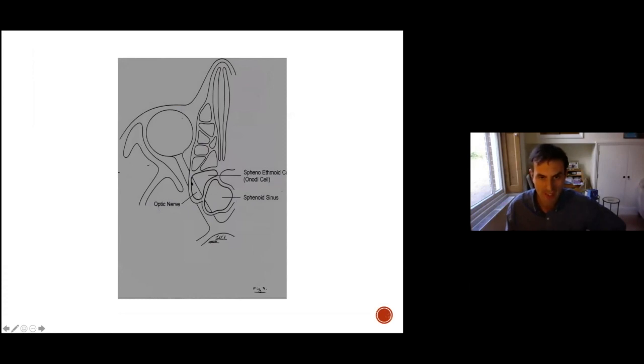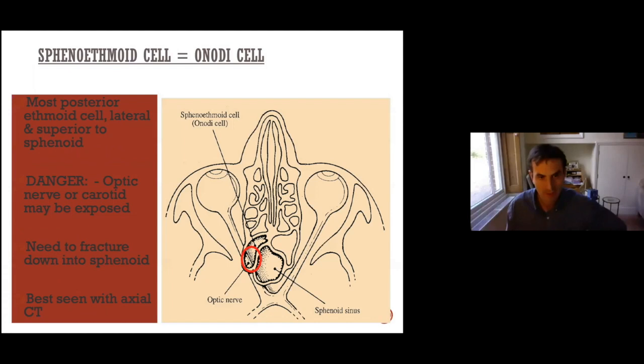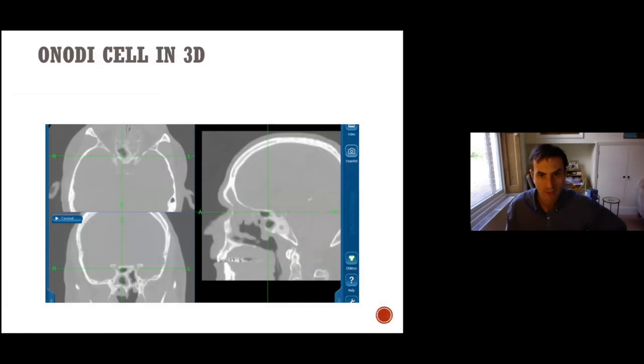So you can see this is an axial view of how it would potentially pneumatize over the optic nerve. So it's very important to identify that both on the axial but also on the coronal sequence. So you can see here's an example here. So you've got the sphenoid below, and you've got this pneumatization of the posterior ethmoids going over the top of the sphenoid.